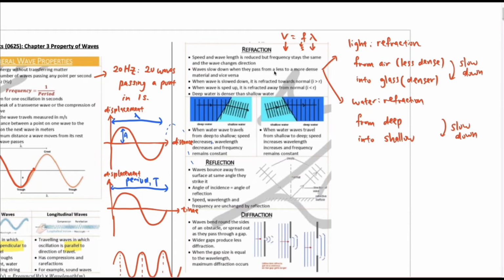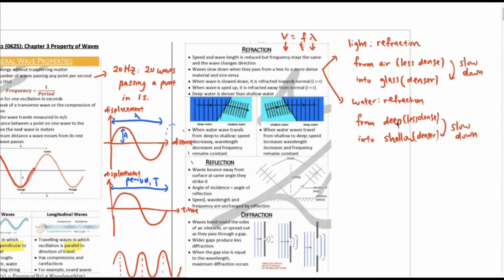So of course, the point here they say from less dense to more dense. So this is counted as less dense, and this is denser. So of course we can take less dense and denser in this way.